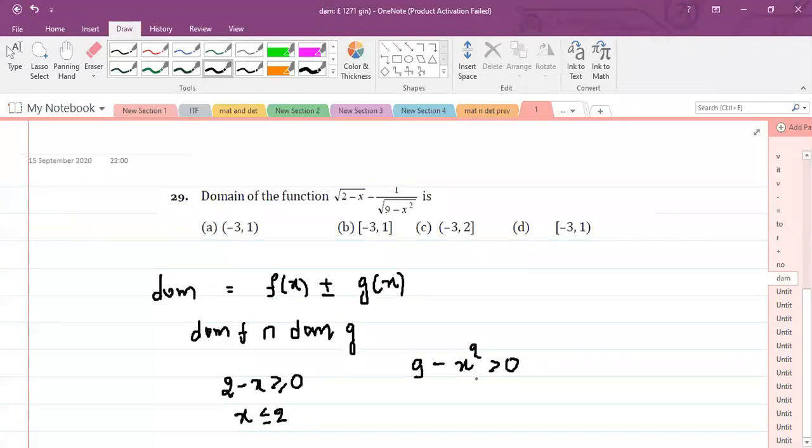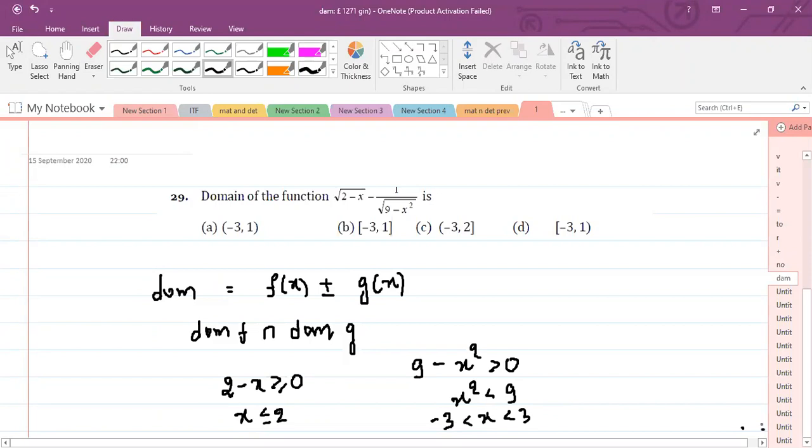It is not greater than or equal to, because in the denominator it has a square root and the form f of x divided by g of x. Therefore under a square root it should be greater than or equal to, but in the denominator it should be greater than. Here x square is less than 9 means minus 3 less than x less than 3.